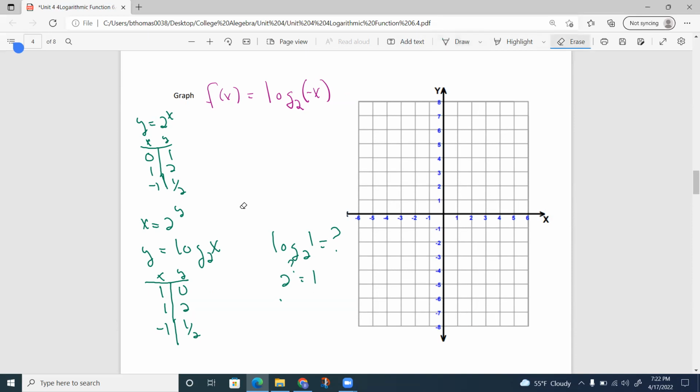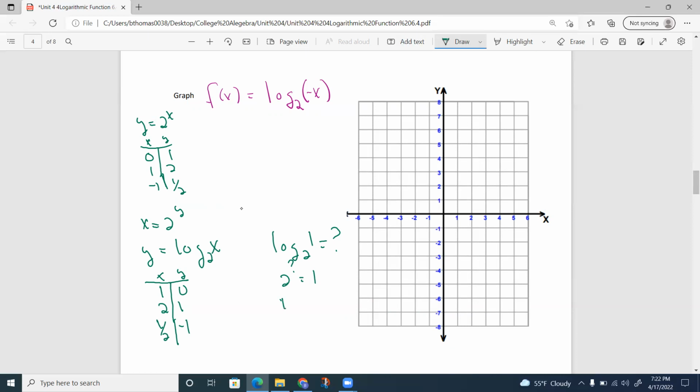Sorry about that. I didn't switch the rows on these last two, did I? Okay, so let's switch the rows of those. So (0, 1) became (1, 0). (1, 2) becomes (2, 1). And (-1, 1/2) becomes (1/2, -1). We have to switch the rows there.